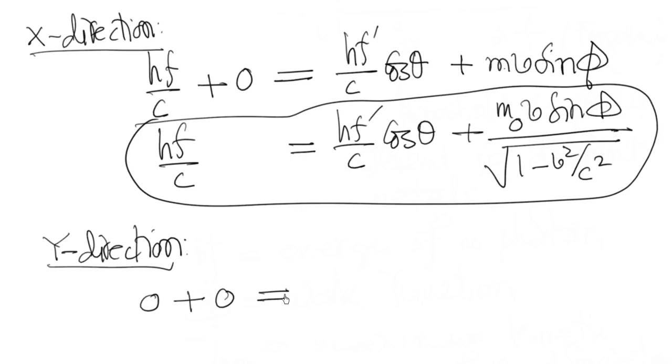After collision, the linear momentum of the photon along the y direction is hf prime by c sin theta, and this one will be mv.